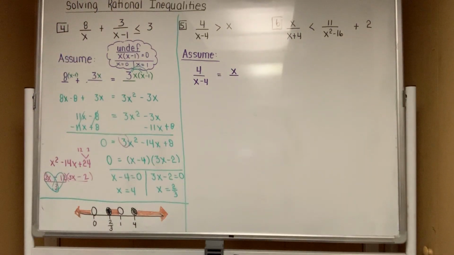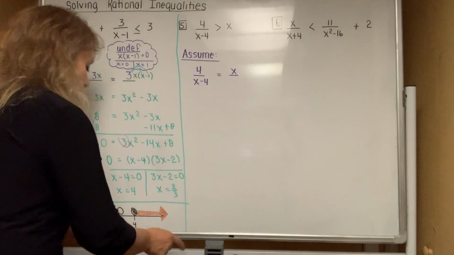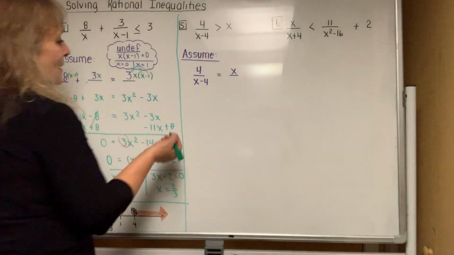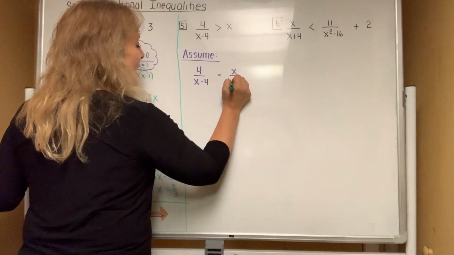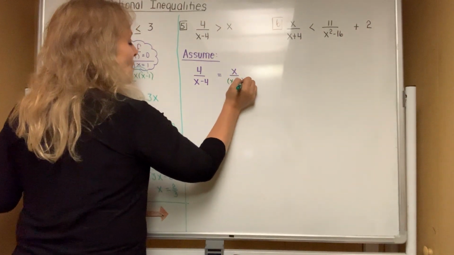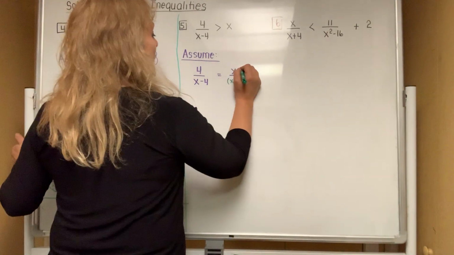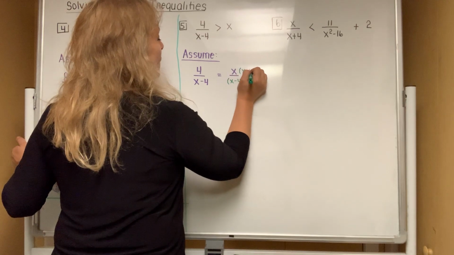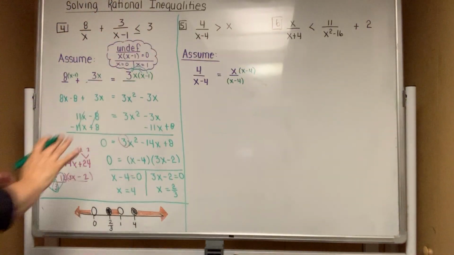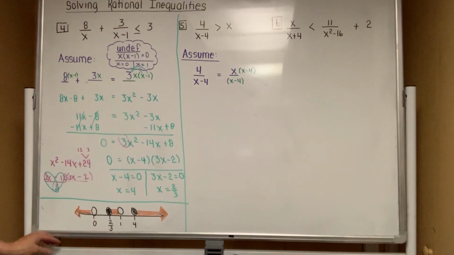Now, that does not have a common denominator, so I'm going to get it to have a common denominator. So what I need to do is just make sure this denominator has a factor of x minus 4, because if it did, then the denominators are the same going across.